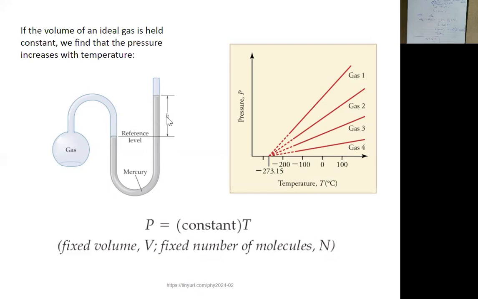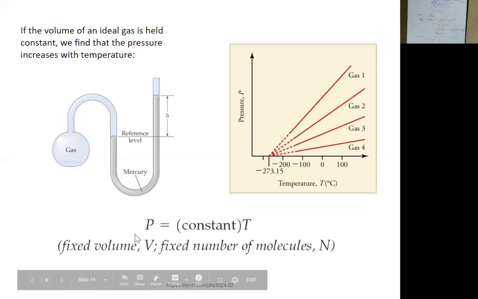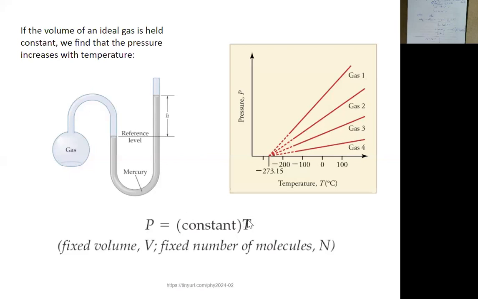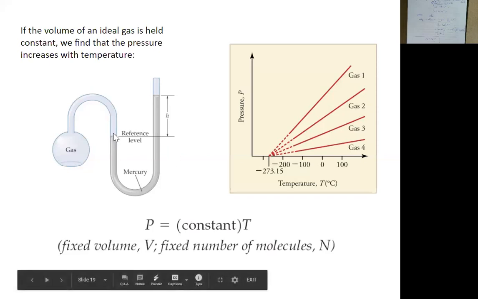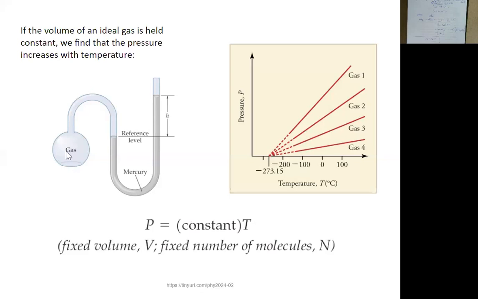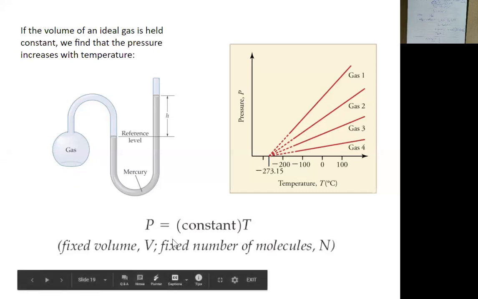H is proportional to the pressure, so you can calculate the pressure from H. Then you can put this in a water bath or sand bath and read the temperature of the bath, which is the temperature of the gas. Experimentally, it's proved that the pressure is proportional to temperature. If you have a fixed volume in a sealed container, then the number of molecules is fixed. So with volume fixed and number of molecules fixed, P is proportional to T.